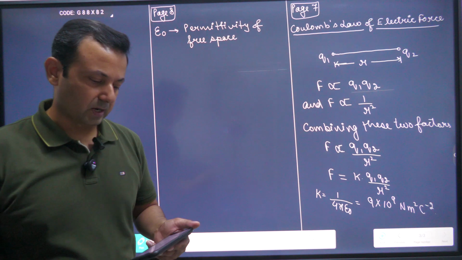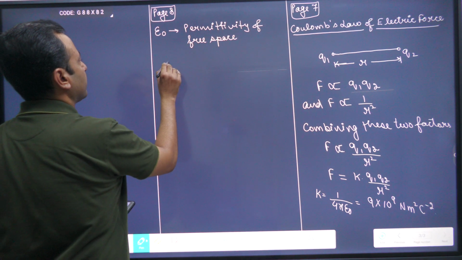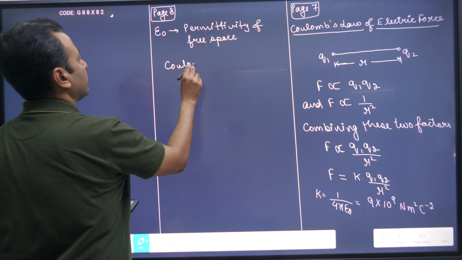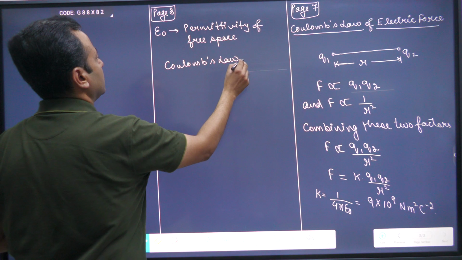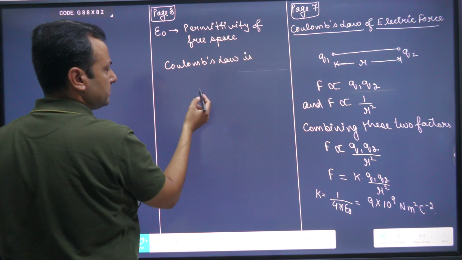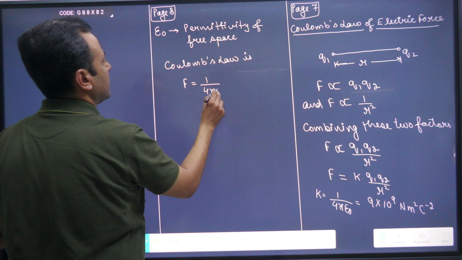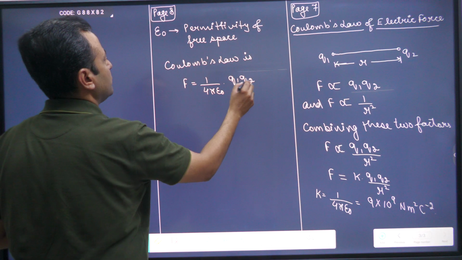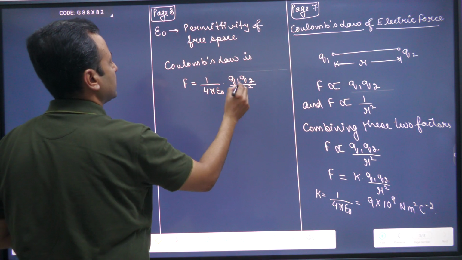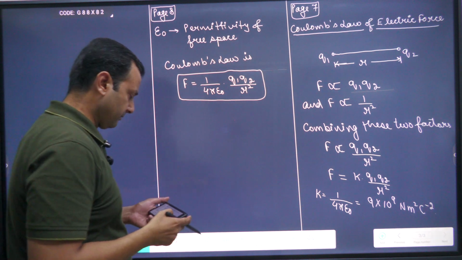So Coulomb's law can be expressed as F is equal to 1 upon 4 pi epsilon naught multiplied by Q1 Q2 upon R square. This is Coulomb's law of electric force.